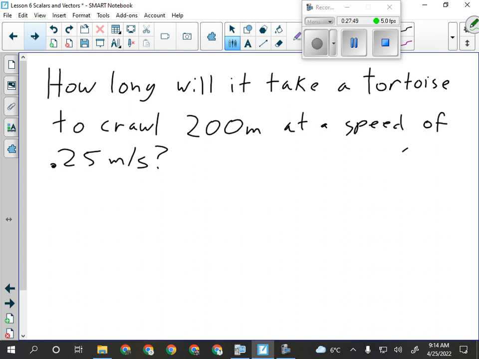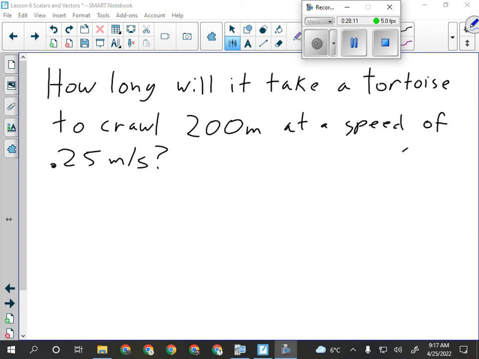This one we're looking for how long it will take a tortoise to crawl 200 meters at 0.25 meters per second. So like we said before, first step is to write down all of our givens and what we're being asked. How long will it take? What am I being asked to find?